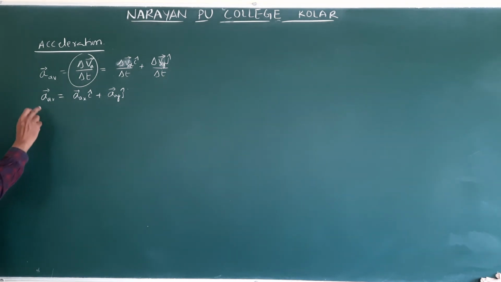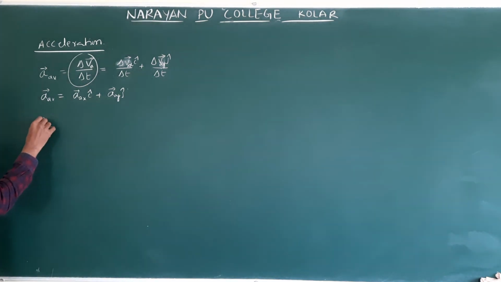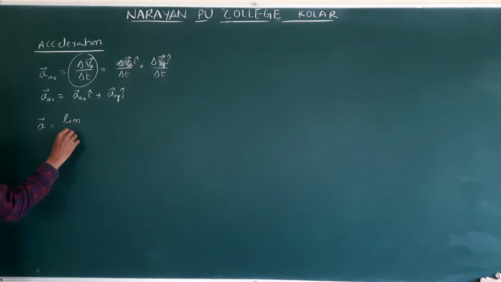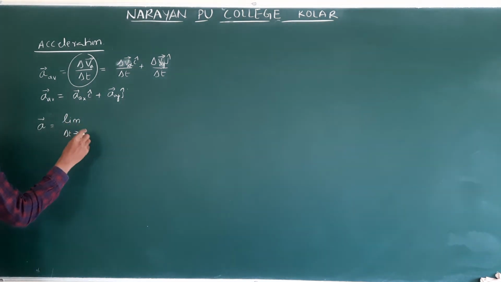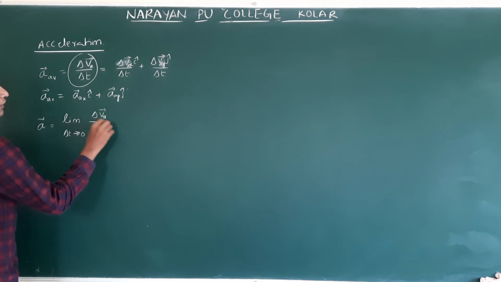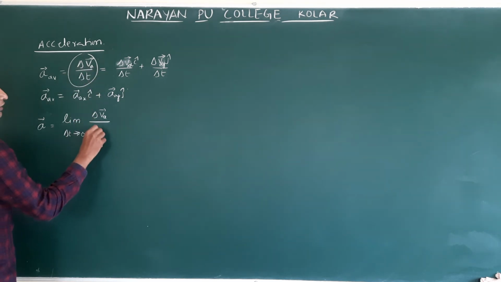Now instantaneous acceleration, that we will write simply a. This is equal to limit delta t approaches 0, delta v average, I mean v av means average velocity.